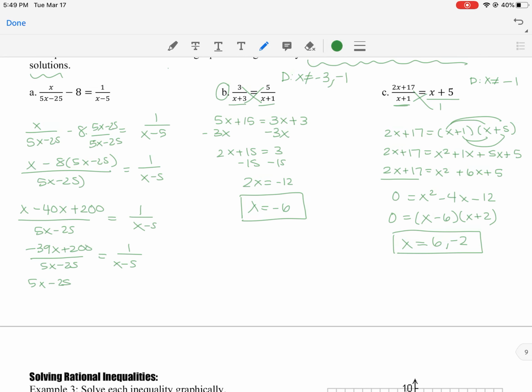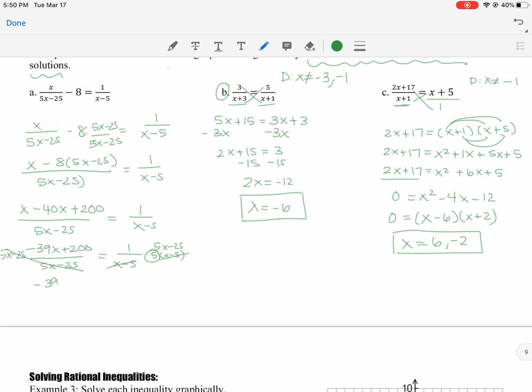To make your life a little bit easier, though, I'm going to teach you a little trick here. Remember the top where we ended up multiplying both sides? I think that may be a little bit easier here. Because when you think about multiplying by 5x minus 25, that's really the same as 5 times x minus 5. So notice as you multiply that, the 5x minus 25 would cancel, and then the x minus 5 really cancels. So you're left with just 5 on that side, and that's going to be a lot easier equation to solve.